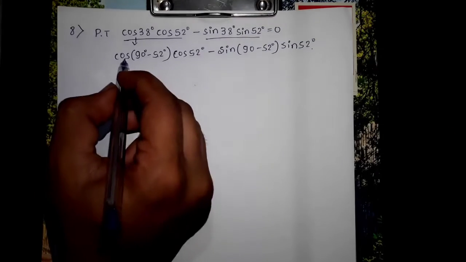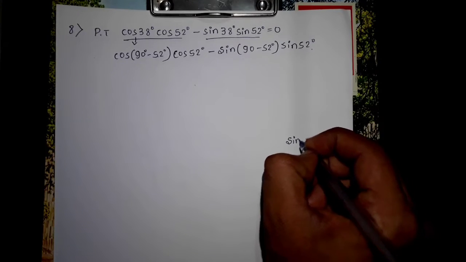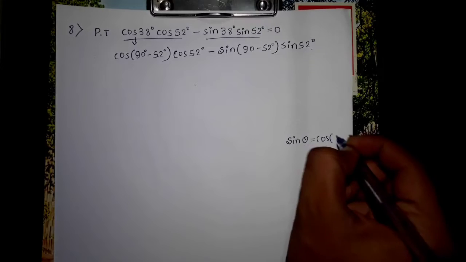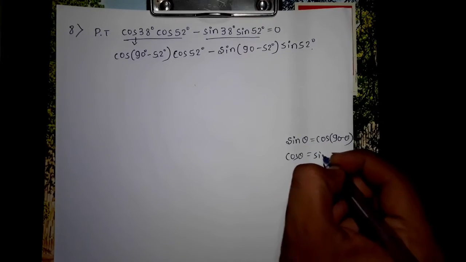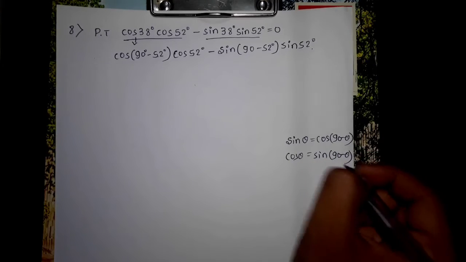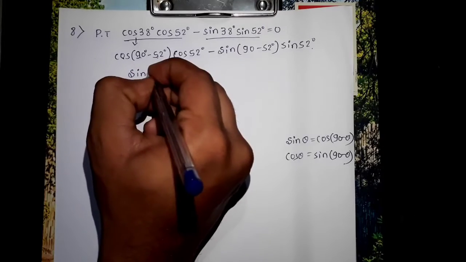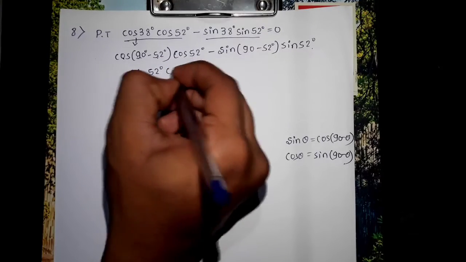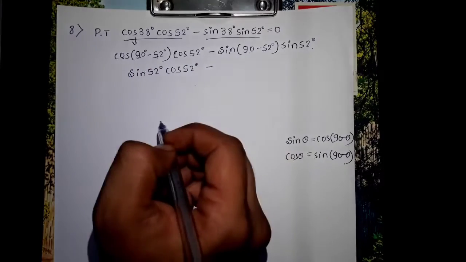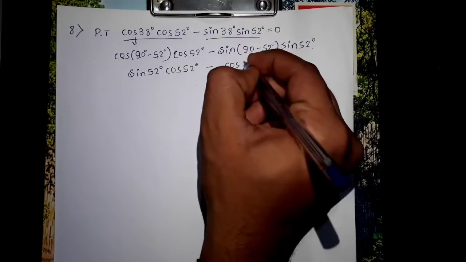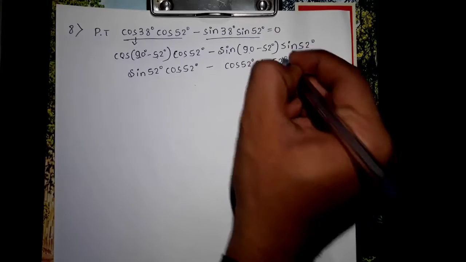Now we know the complementary relations: sin theta is equal to cos of 90 minus theta. Similarly, cos theta is equal to sin of 90 minus theta. Now cos of 90 minus 52 means sin 52 degree into cos 52 degree minus sin of 90 minus 52 means cos 52 degree into sin 52 degree.